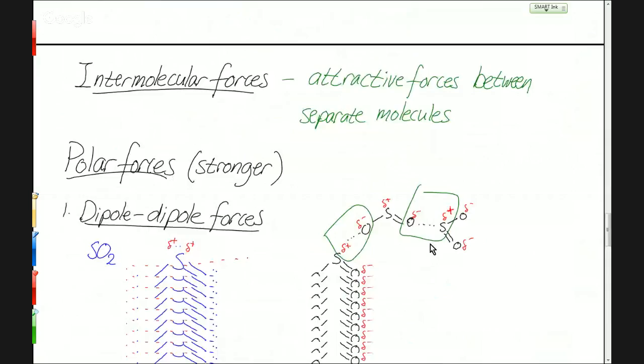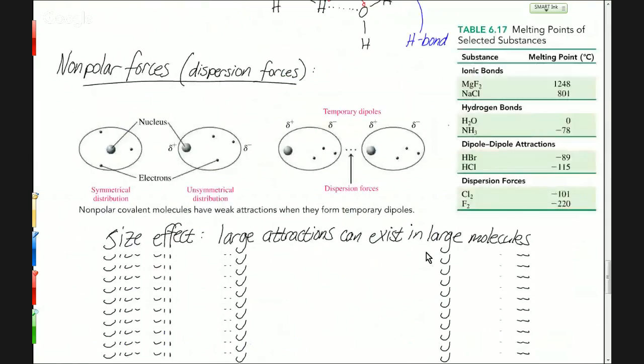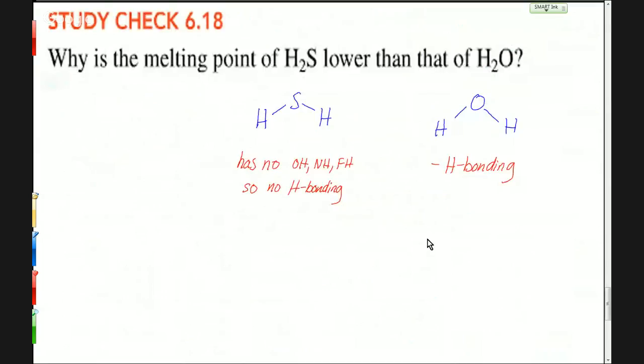So that means that this is, go back down, if that's 2.5 and this is 2.1, this is essentially nonpolar. So that means that its main forces are the relatively weak dispersion forces.